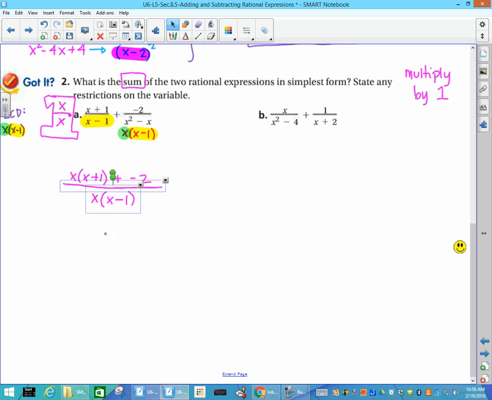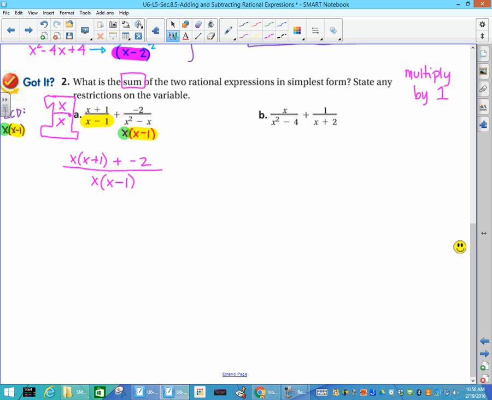I don't want to run out of room. Okay, so I have to remember to distribute this. X goes to both items in your parentheses, so that's going to give me x squared plus x, and of course plus the negative 2 is minus 2, over x times x minus 1.